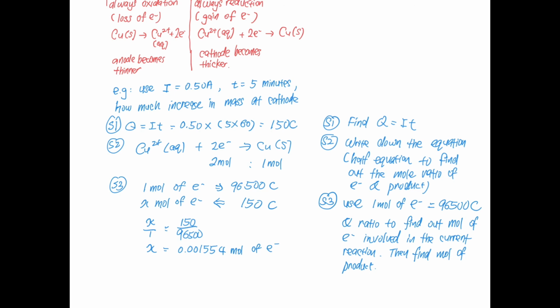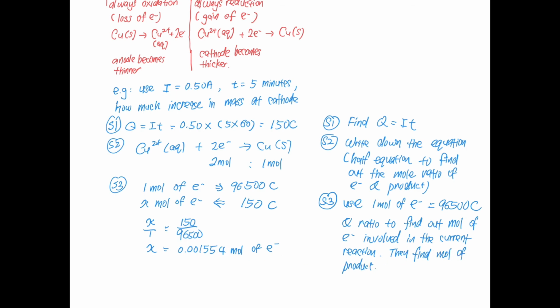Now you look at this part. Our equation shows that the ratio of electrons to product is 2 to 1. So if we apply this ratio here, we can find the mole of product.